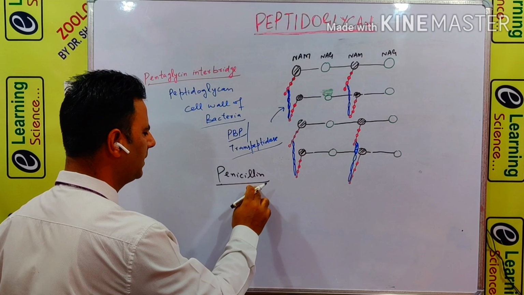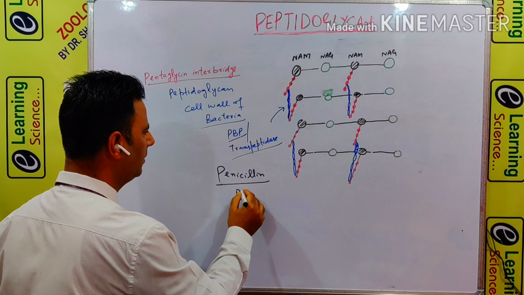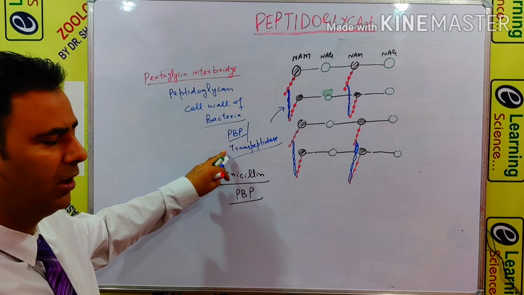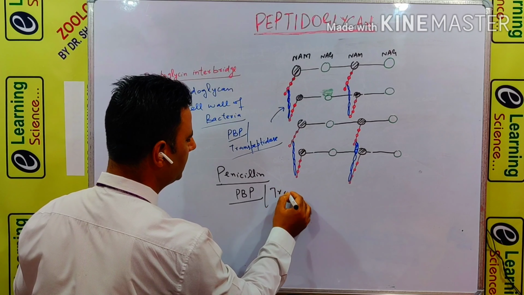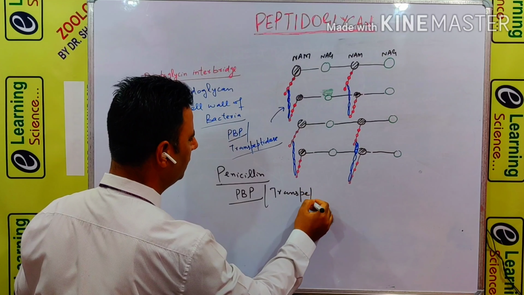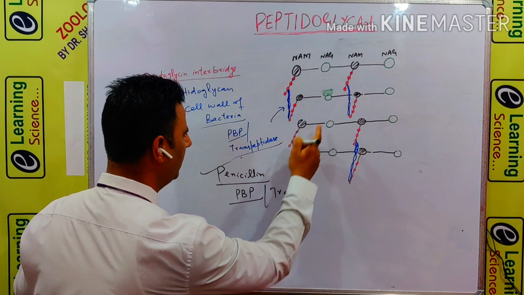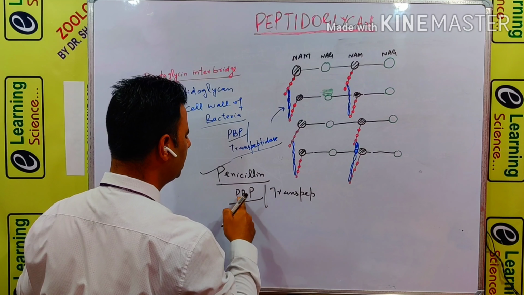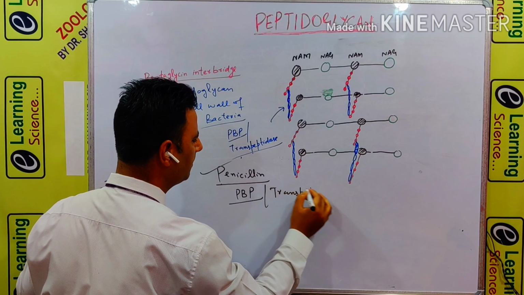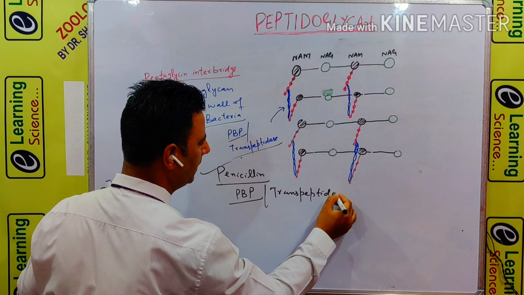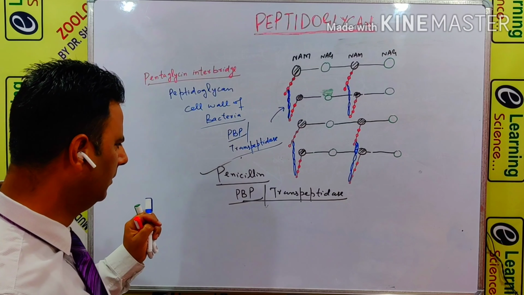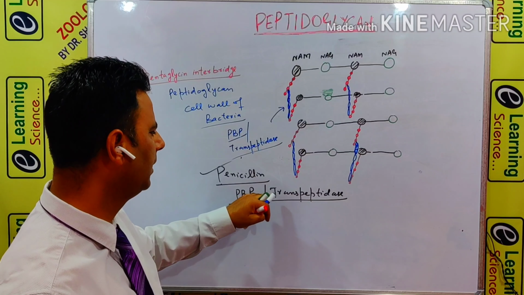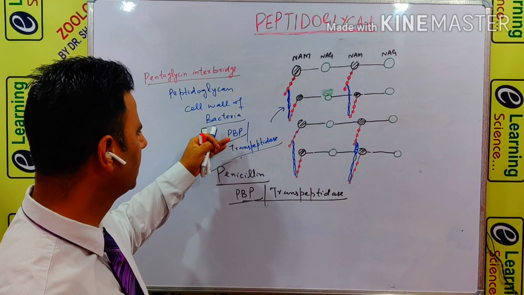When we see the mechanism of action of penicillin, it will inhibit the penicillin binding protein or transpeptidase. It is going to inhibit the enzyme. When we give penicillin to any patient having a bacterial infection, the mechanism of action of penicillin is to bind with the penicillin binding protein or transpeptidase, and by this action, when there will be no penicillin binding protein, when there will be no transpeptidase, what will happen?